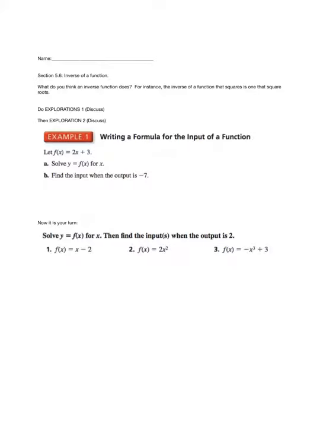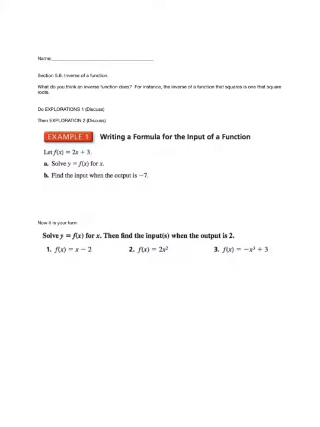That's going to be your guide for today. So if you need to, please pause the YouTube channel right now and make sure that you have a copy of that sheet. If the substitute doesn't know where it is, you can tell them it's on the little shelf to my left, where I usually sit, in one of those little slots on the top of that. It's marked section 5.6.